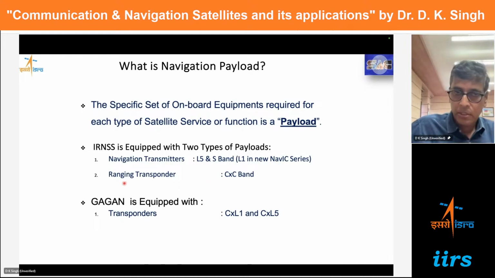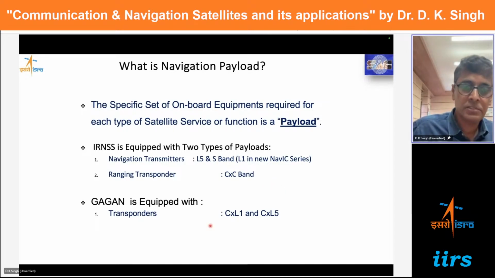And second, we need to range the satellite position accurately, so we have the ranging transponder. Then the GAGAN system is equipped similarly; we uplink all the information which has to be downlinked in the same L1 band and L5 band. These signals are at a frequency of around 1.2 to 1.5 gigahertz.